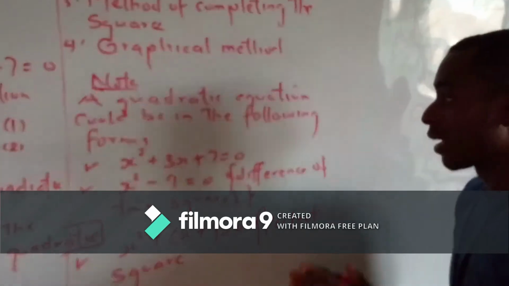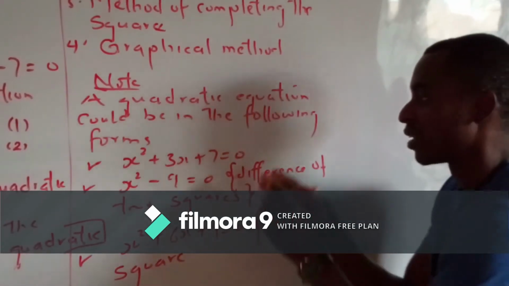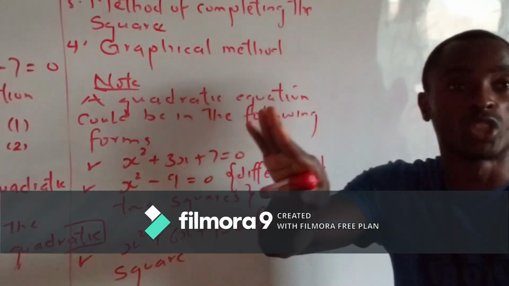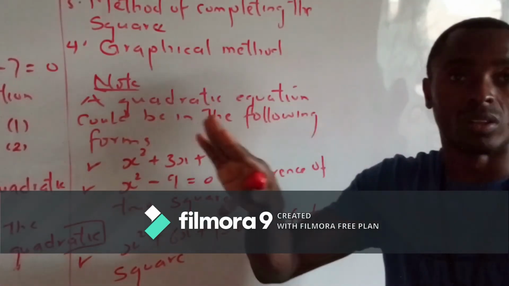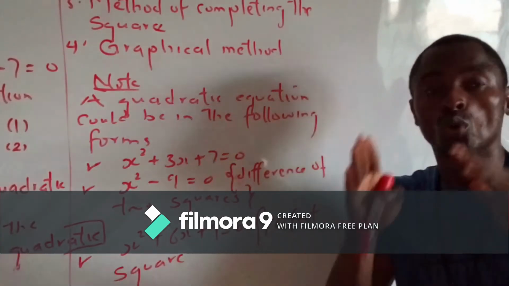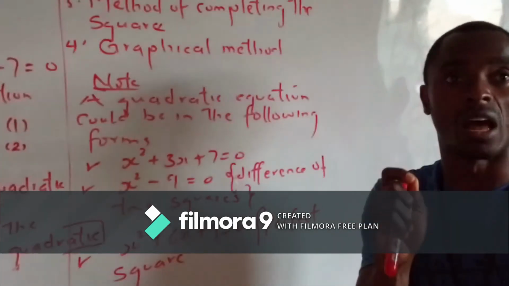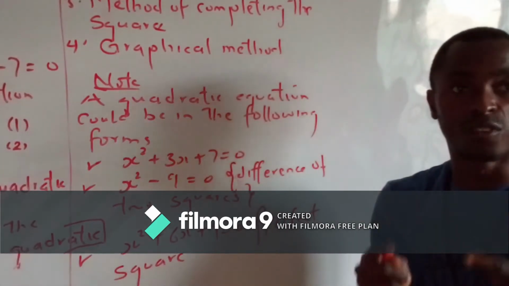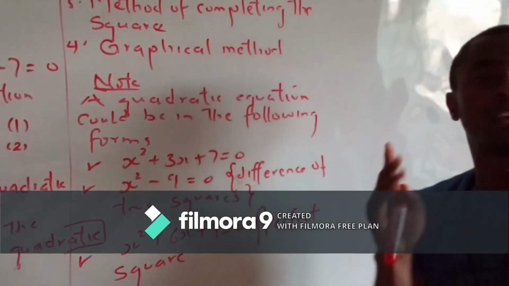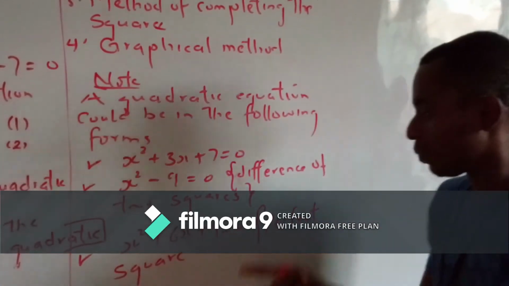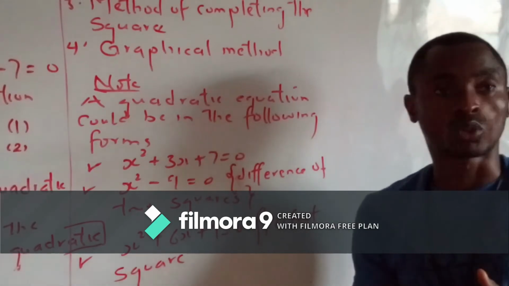Now, I go back. The forms of quadratic equation: we have a quadratic equation in this form in which the roots of the equation are unequal, they are different. We have another one called perfect square in which the roots are similar, are equal. And we have the last one, difference of two squares. It is similar to this perfect square.